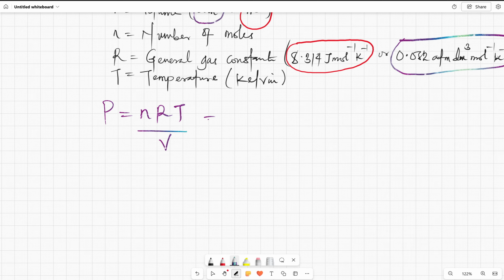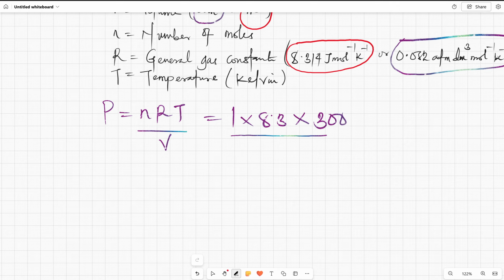N is 1 mole times 8.314, but you're actually given 8.3, an approximated value, times your temperature, which is 300 Kelvin, divided by your volume, 10 raised to power negative 2.